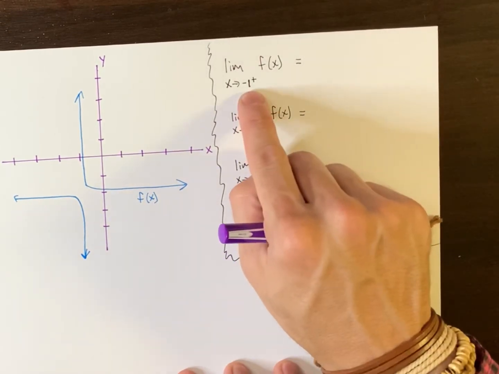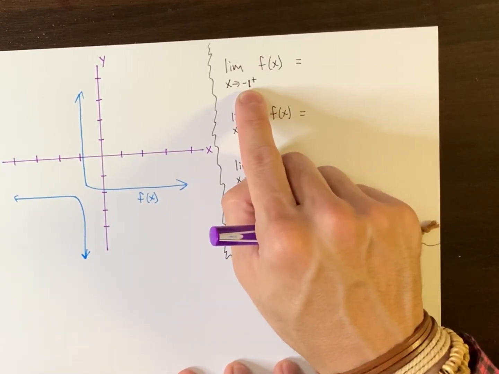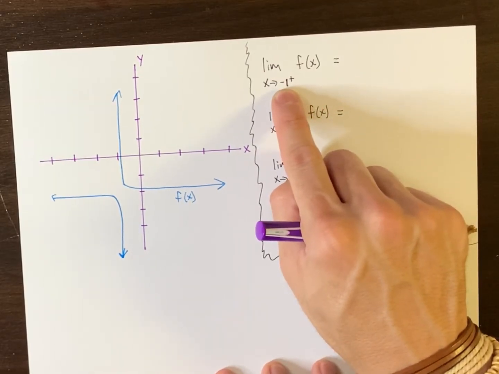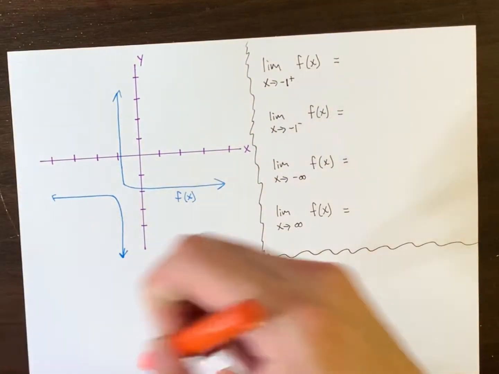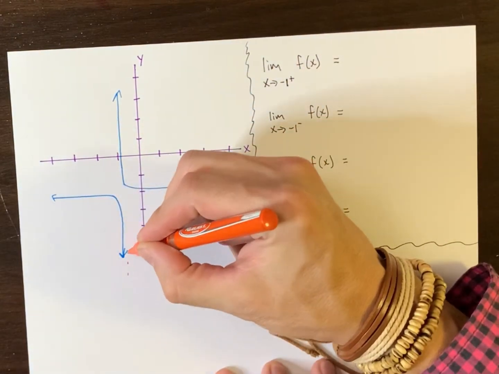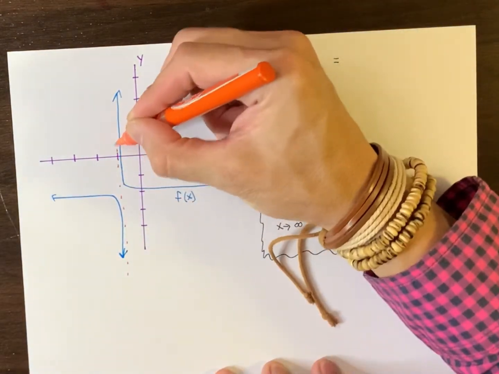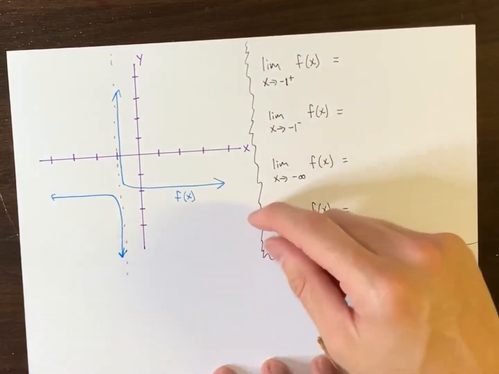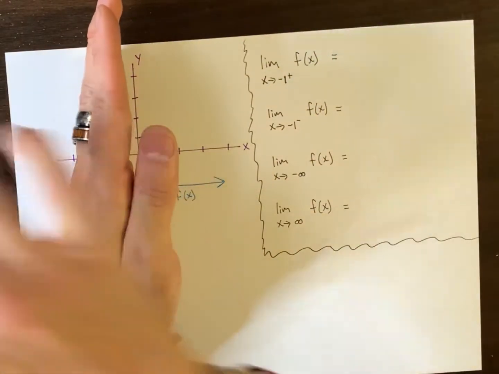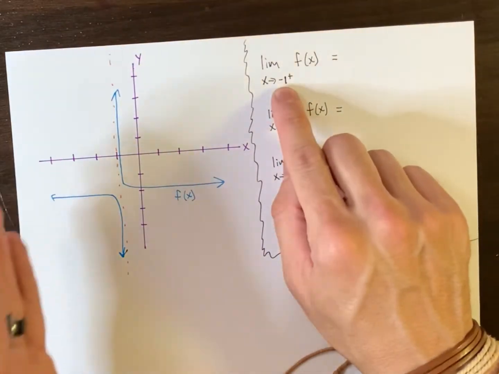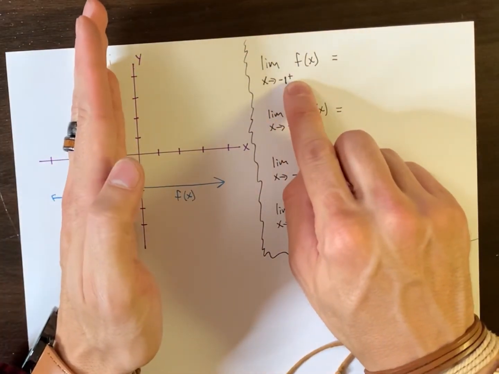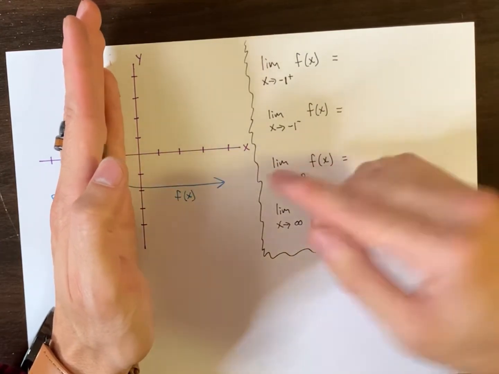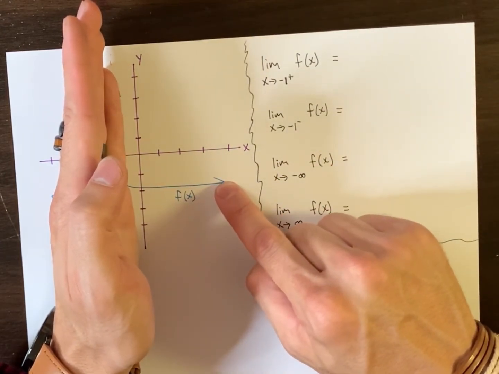So what exactly is the x coordinate? It's -1 from the right-hand side. Where's -1 on the x-axis? -1 is right there. And what I can do is draw this, my vertical asymptote. Now, this orange line, I have to approach it, but from which side? -1 is the orange line, but I have to approach it from the right. So here's the right, and I'm going to come toward it. You see that? I'm going to come toward it, but I have to be on the blue roller coaster.